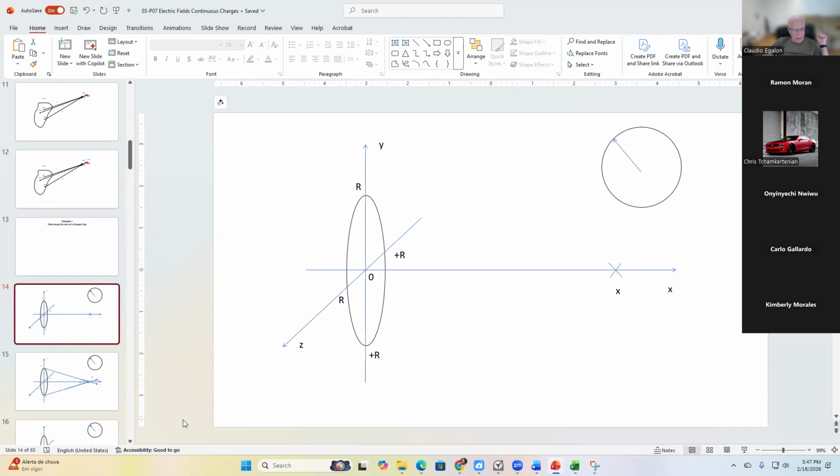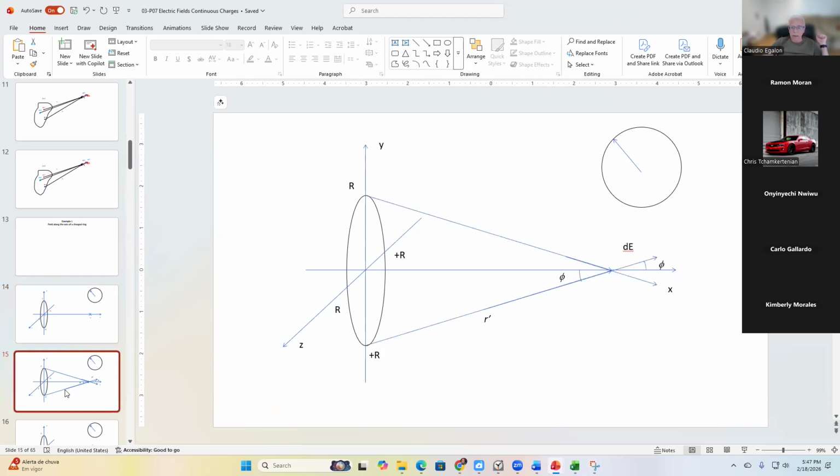Along this axis, the x-axis, you can see clearly that the electric field is going to be pointing along the x-axis, because this infinitesimal charge distribution at this position is the same as this infinitesimal charge distribution at this position, and their distances are the same. I'm talking about along the x-axis, okay?